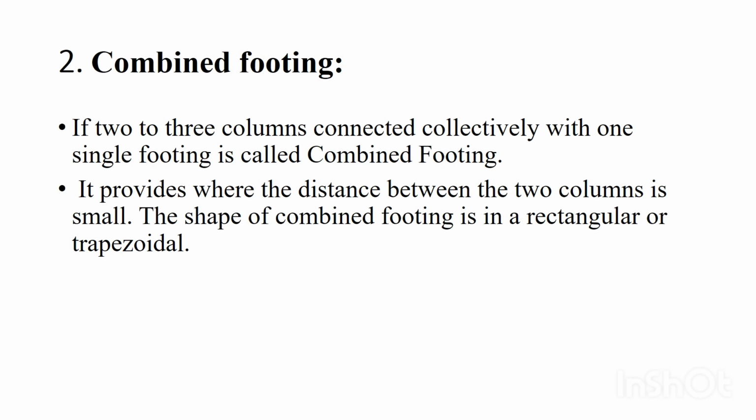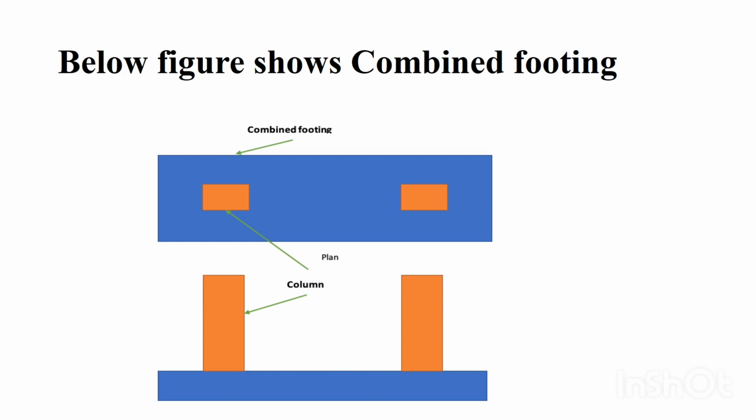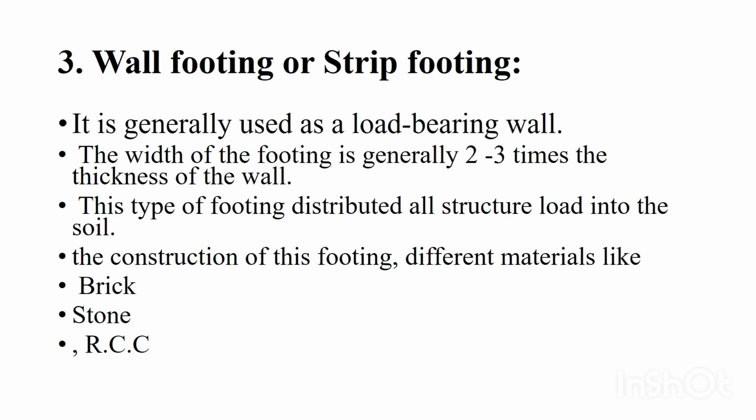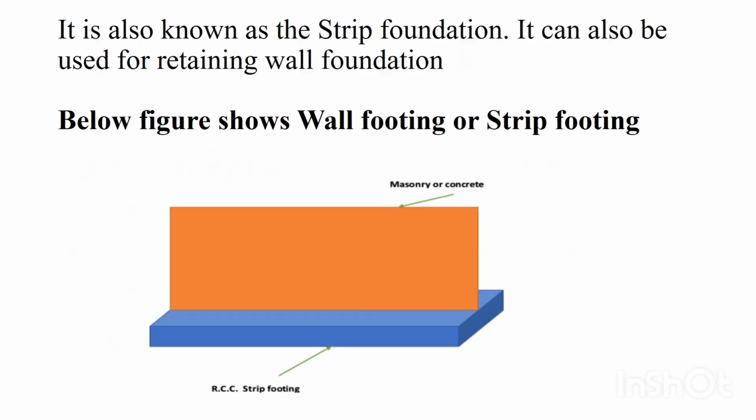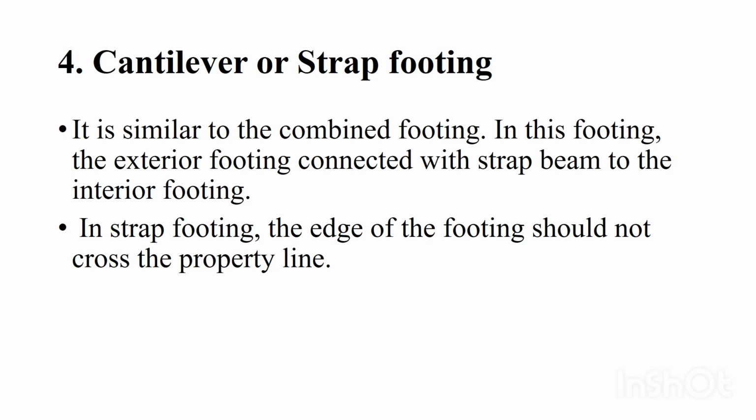Let's see the figure which shows us the combined footing. This wall footing or strip footing can be used as a retaining wall, and the edges are not closed in a proper line.